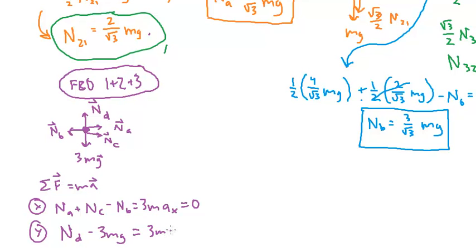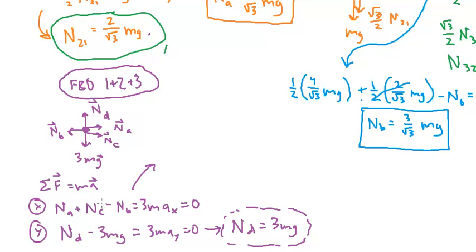The only force going up will be the normal force from the bottom, and I'll label the bottom point D. Going to the right, you have the normal force at point A and the normal force at point C. Going to the left, you have the normal force at point B.